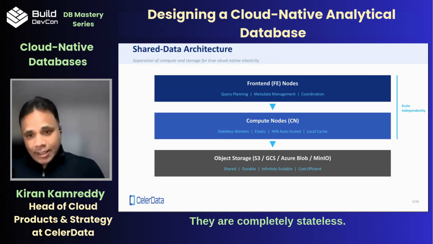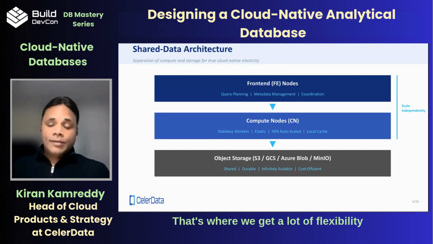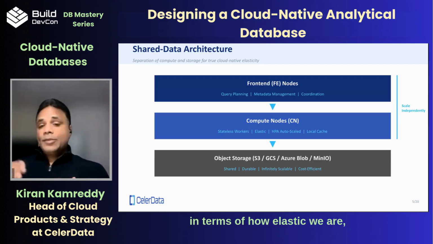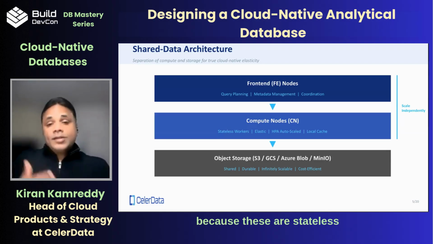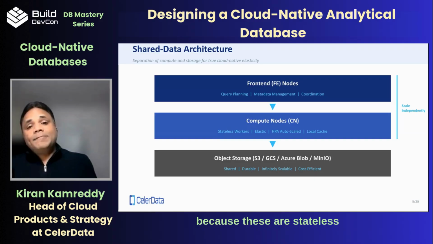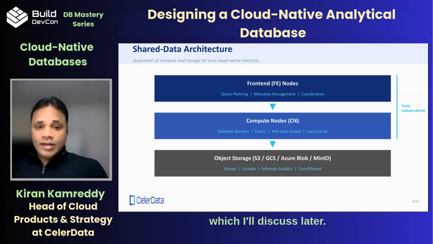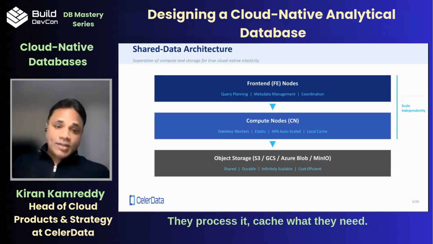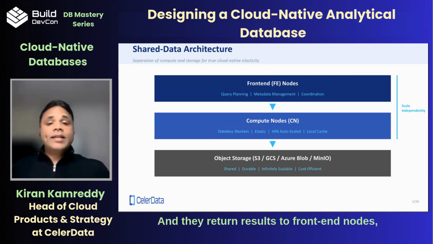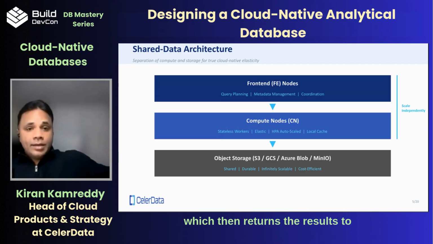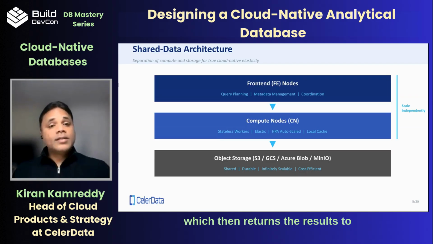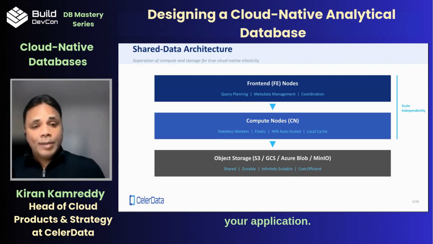They are completely stateless. That's where we get a lot of flexibility in terms of how elastic we are, because these are stateless workhorse machines. They pull data from object store, which I'll discuss later. They process it, cache what they need, and return results to front-end nodes, which then return the results to your application.